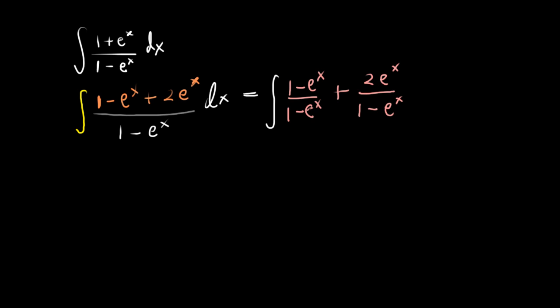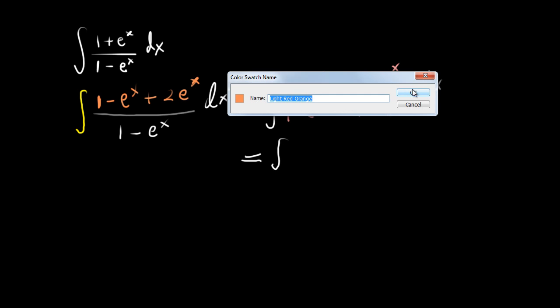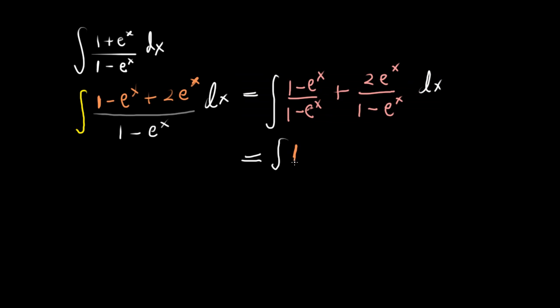This is just the basics of algebra. You can see that this term becomes 1, so I am left with the integral of 1 plus 2e to the x over 1 minus e to the x dx.